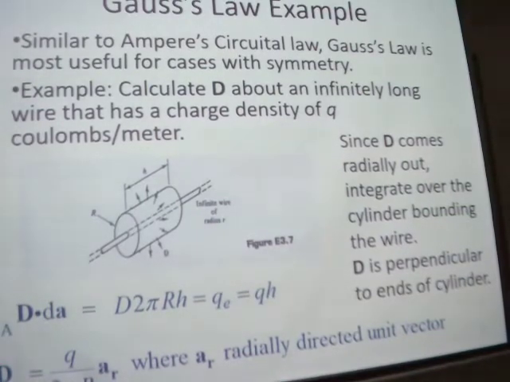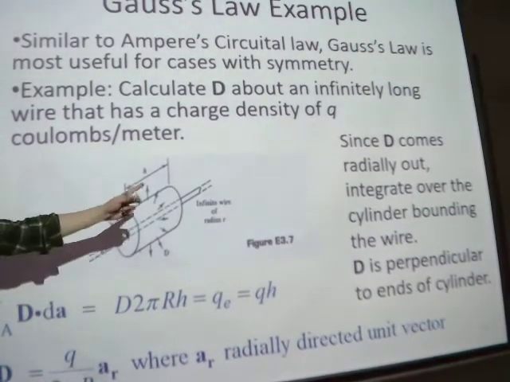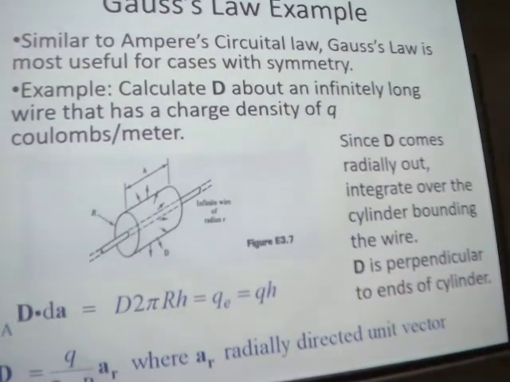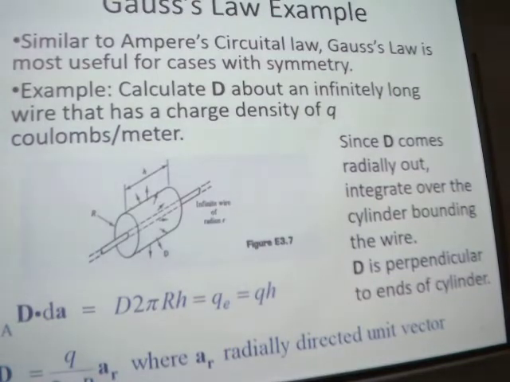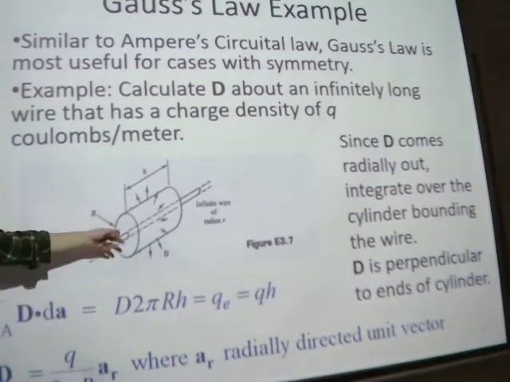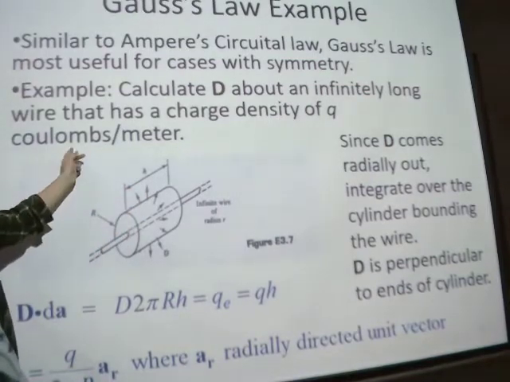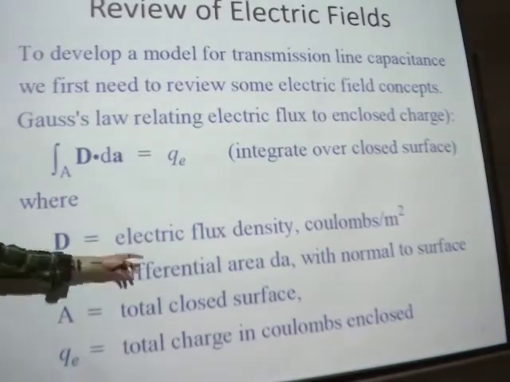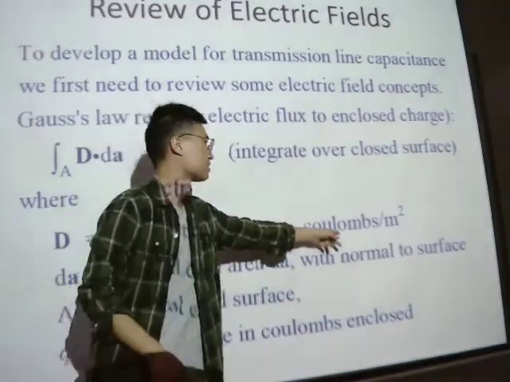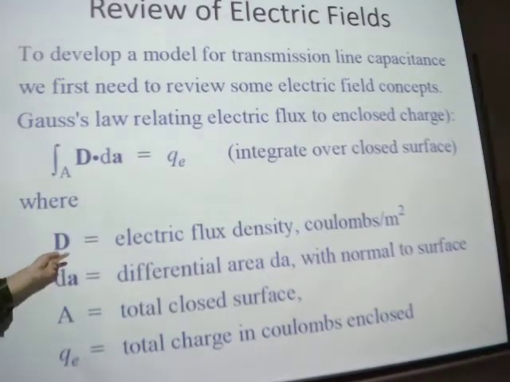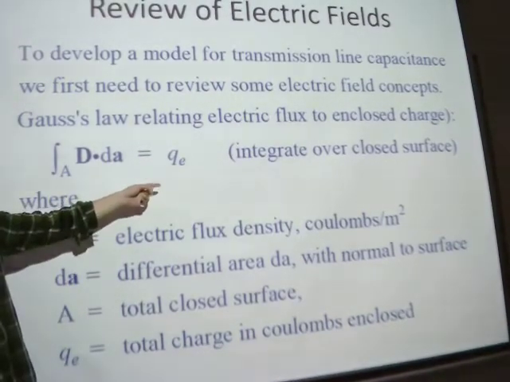We are also assuming that this transmission line is infinite, and that it has a charge density of rho. Coulombs is the unit of charge, representing the electric charge, so the density is in coulombs per square meter.